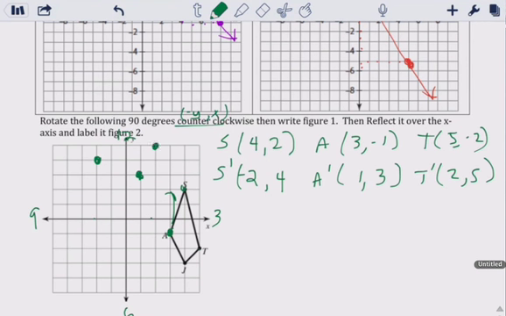Okay. And then J is 4, negative 3. J prime is 3, 4, like that. And it's here, so it's going to be here. 3, 4, right here.